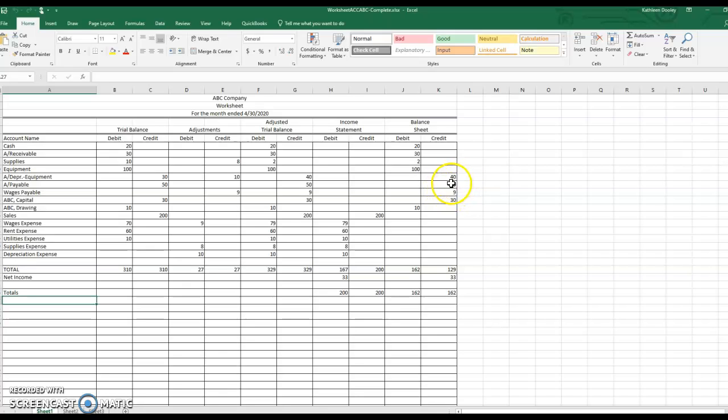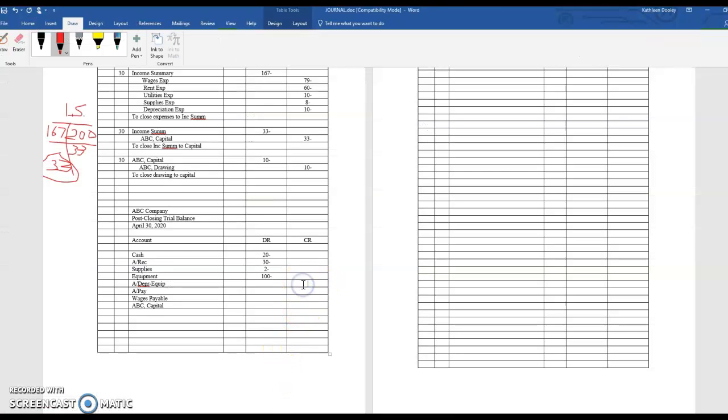Accounts payable is 50 credit. Wages payable is 9 credit. So we have 40 credit, 50 credit, and 9 credit for wages payable. All of these are the same because we haven't closed these out, so they're the same as what was on our balance sheet. Now it's just the capital number that is different, and it is not 30 like it is on the worksheet. We have to figure out what it is.